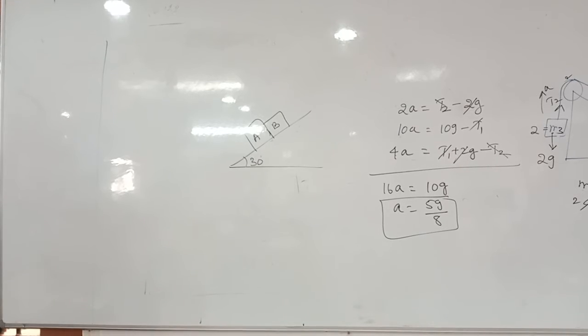Then find the acceleration of block A, and also the contact force between A and B. Can you try, otherwise shall I do? Try that. Try it fast, don't waste much time.